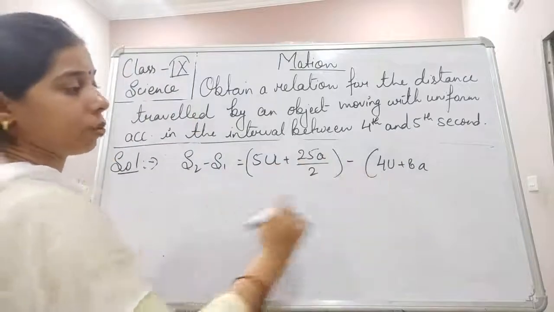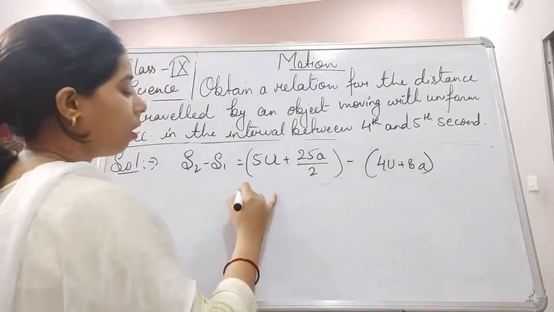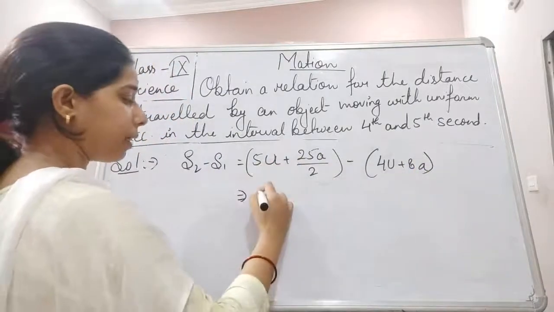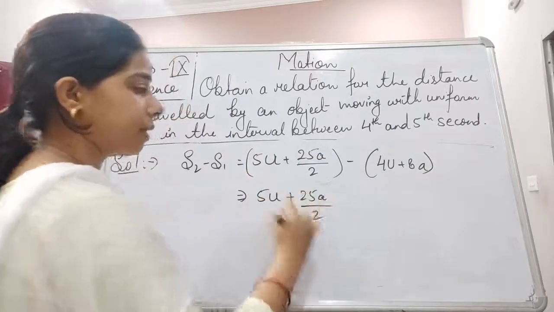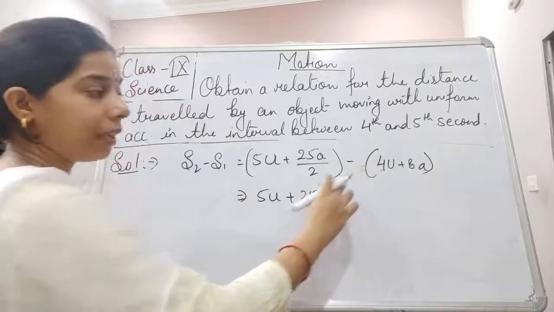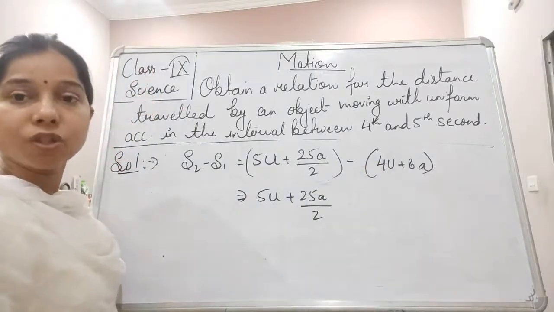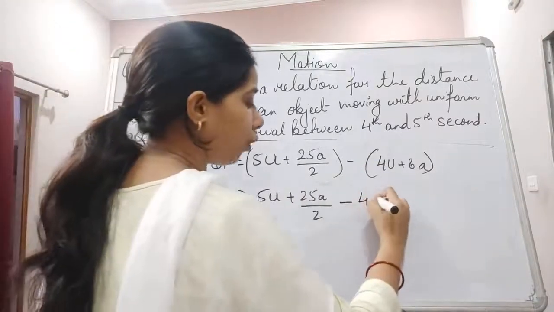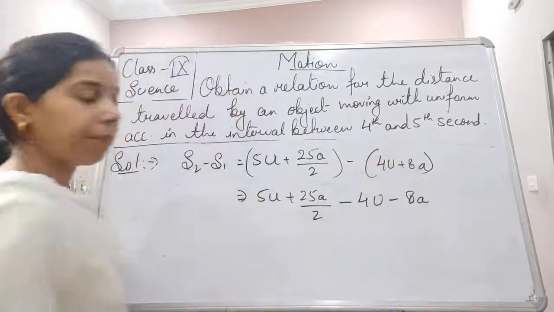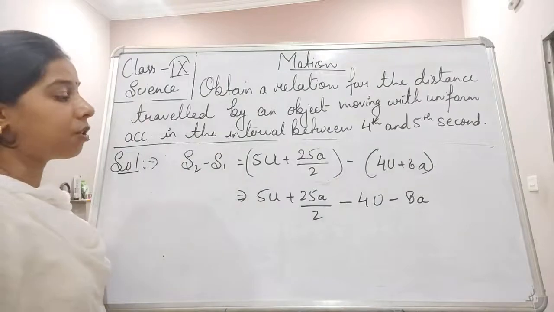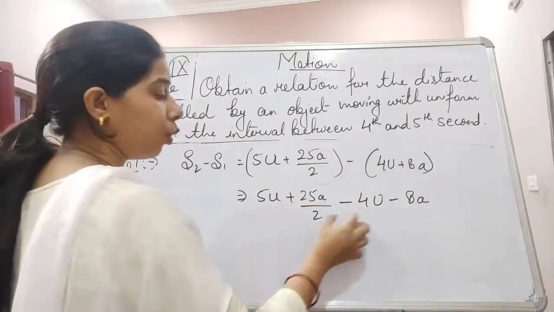S2 minus S1. Now, when you open the bracket, 5u plus 25a upon 2 remains as it is, but the sign changes, so it becomes minus 4u and minus 8a. Now simply subtract u from u and a from a.